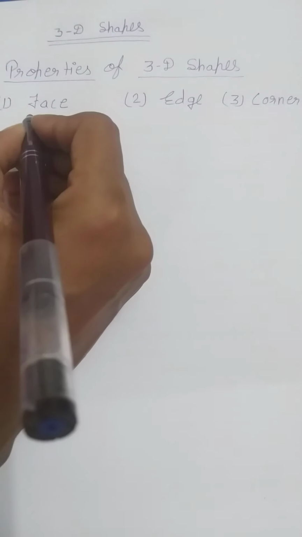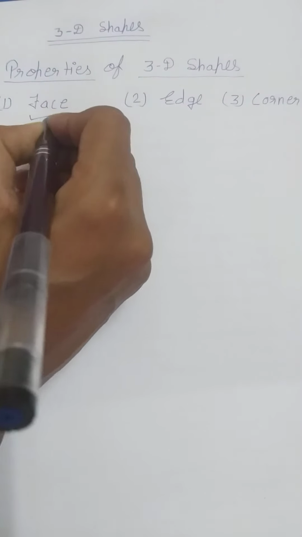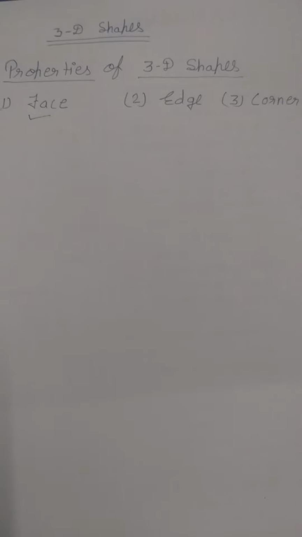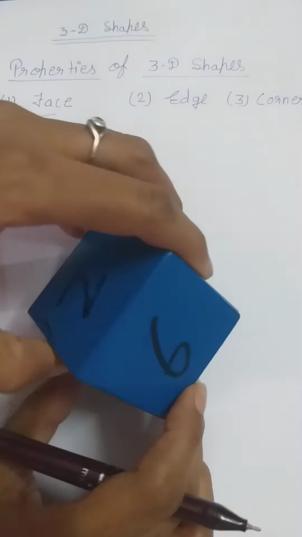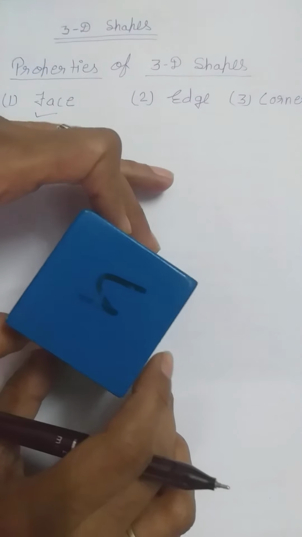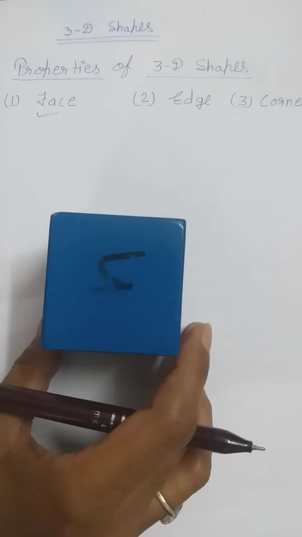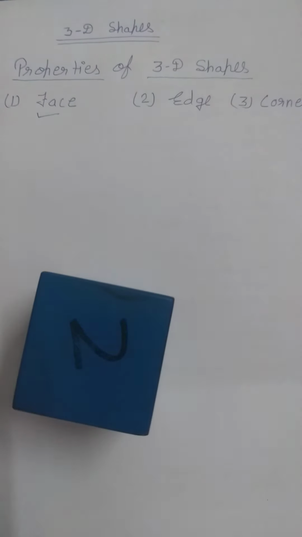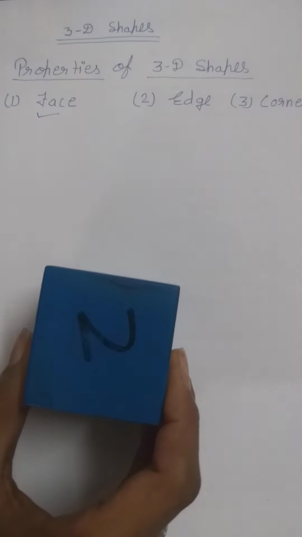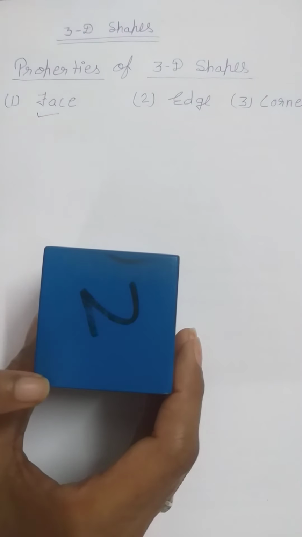So let's see what is the meaning of face in 3D shapes. First is face. In how many ways can we put a shape? That is called face. This one is a cube.